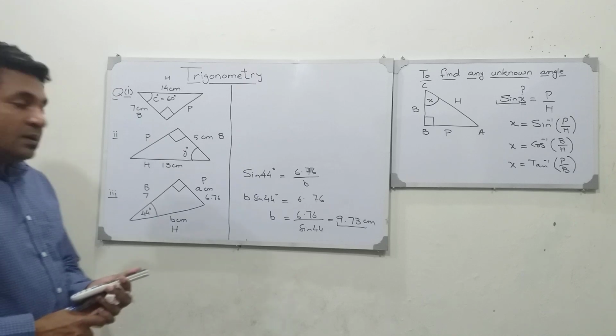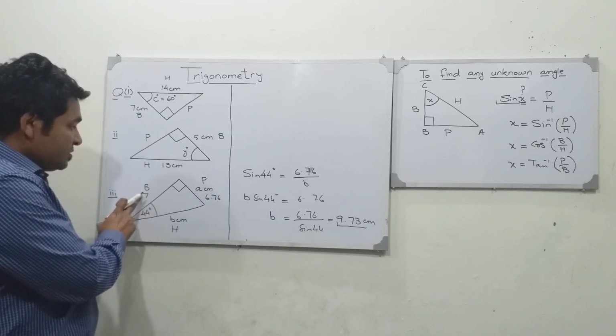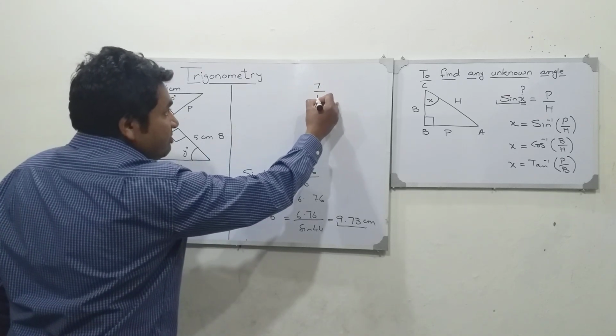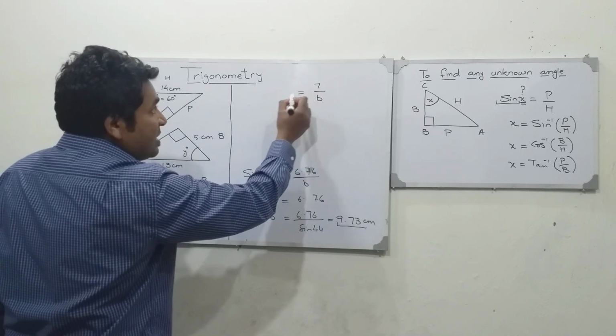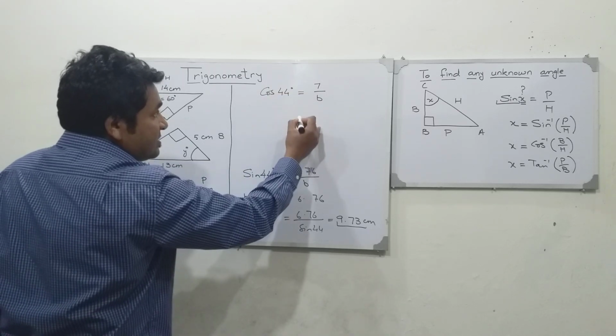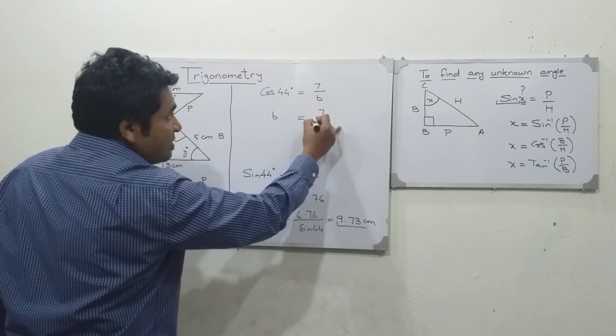So I hope you have done it. I also do it for you. So if we use 7 over b, you know that now this is base over hypotenuse, and you are supposed to use the ratio cosine 44 degrees. Now you will just have to change the sides, because you are supposed to find b.